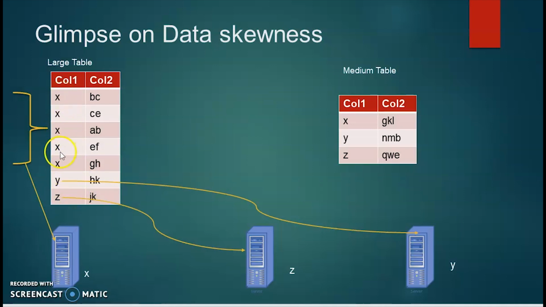This particular value goes to one particular partition, whereas other values go to different partitions. Whenever a sort merge join happens, because of hash partitioning, all the data for that key goes to a single partition, and that particular task will be running for a very long time. This causes instability in the join, and we'll see other tasks completing very soon, whereas this particular task runs for a very long time. This causes the instability in the Spark job.